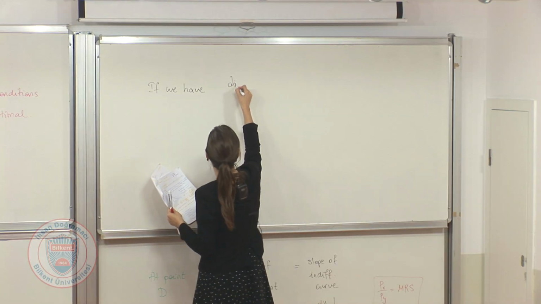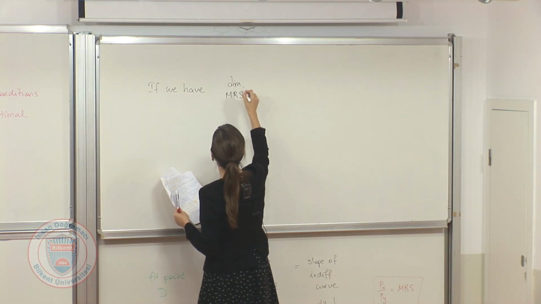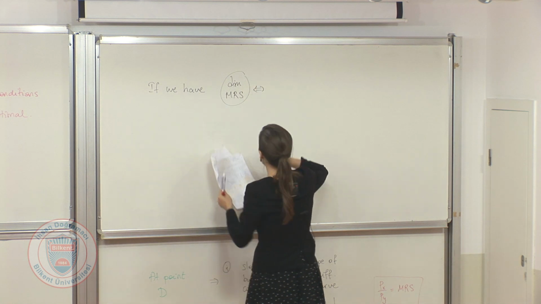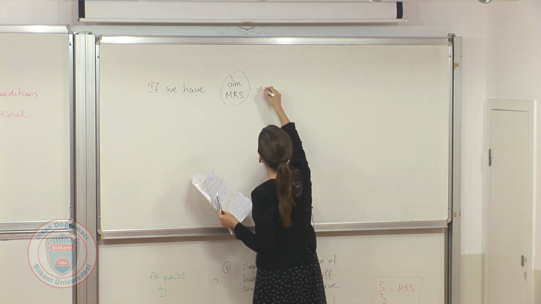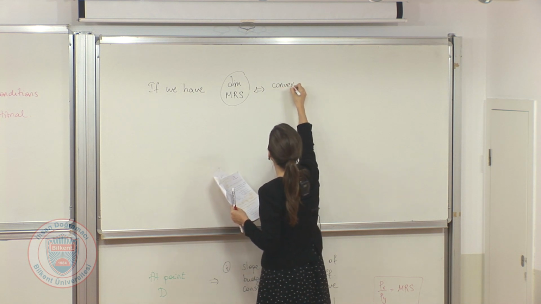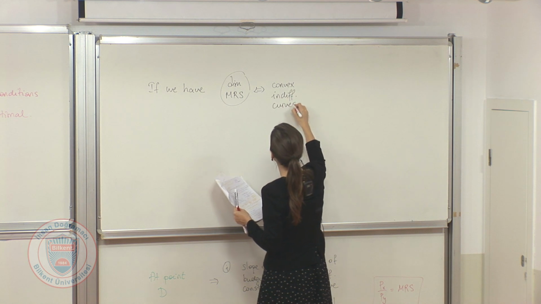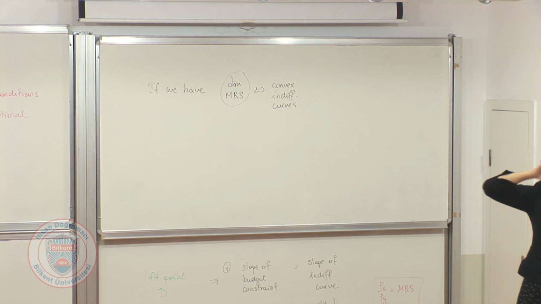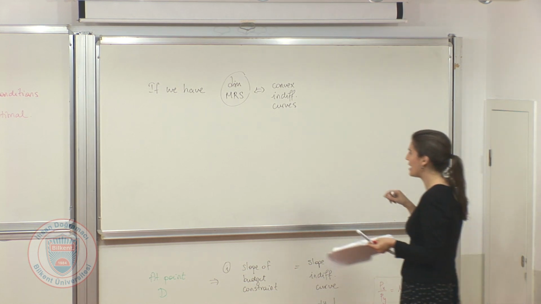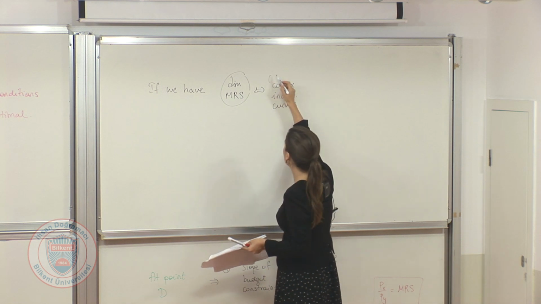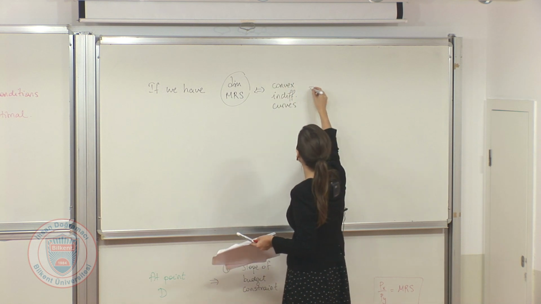So if we have diminishing marginal rate of substitution, and remember, these were equivalent, or let's put it, convex indifference curves. Remember, strictly convex actually meant that there are no flat portions, but you can put convex, okay? Here, if you want, I can put strictly as well.